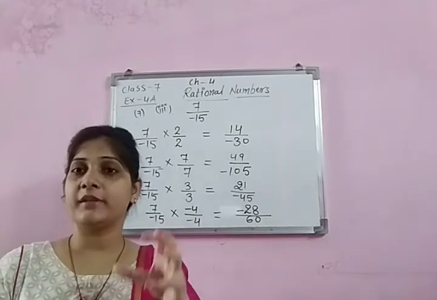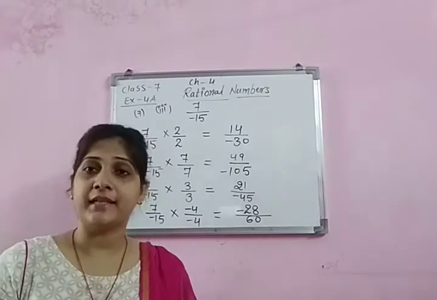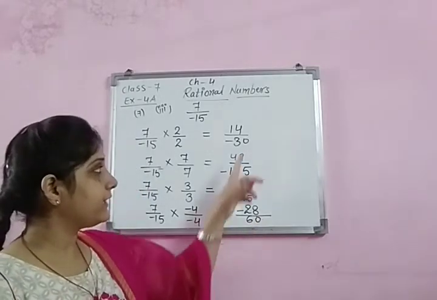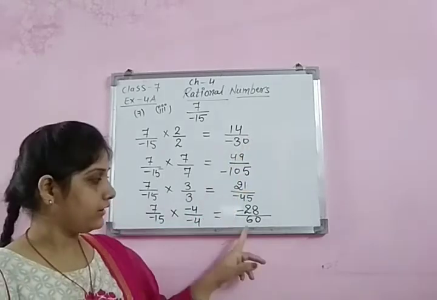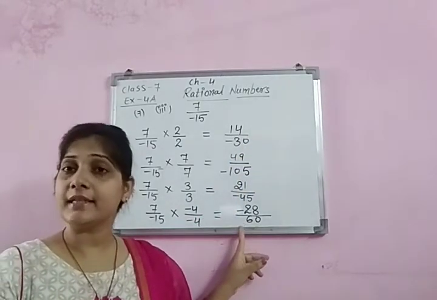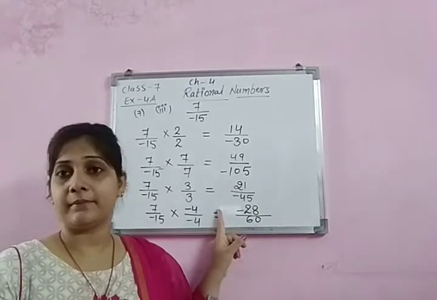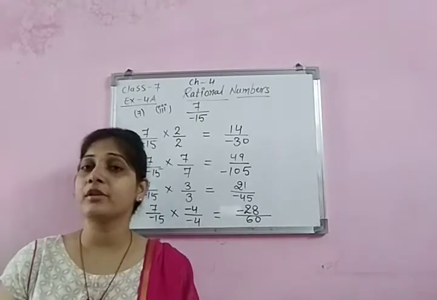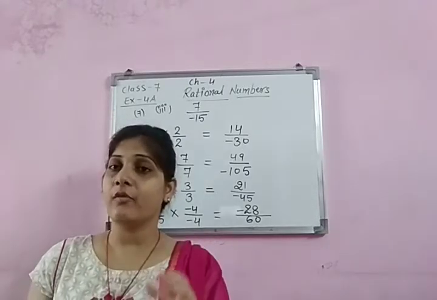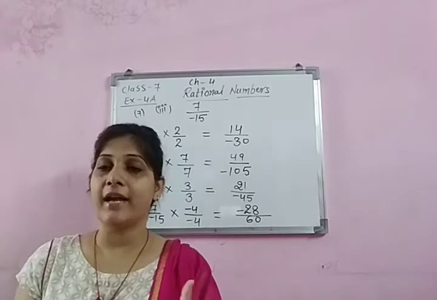So if numerator and denominator have different signs, they are called a negative rational number. Like in this, it is a negative rational number. What you observe here is it is also negative. The only thing is that this time the numerator becomes negative, so it will not affect your answer. It remains negative only.